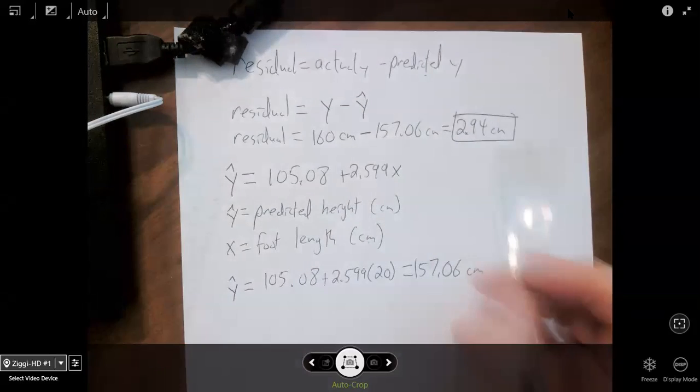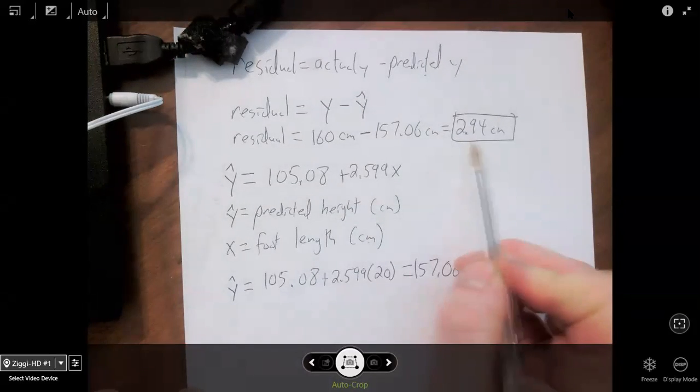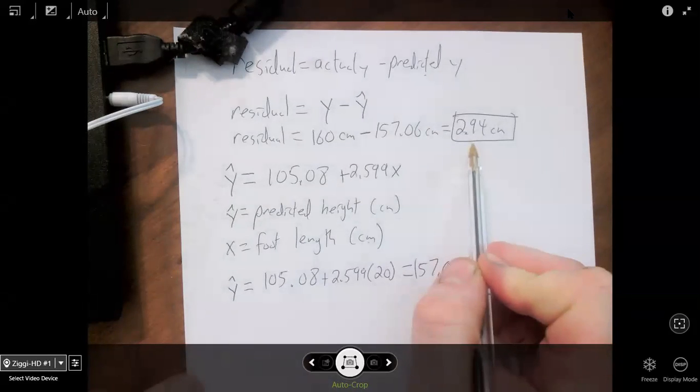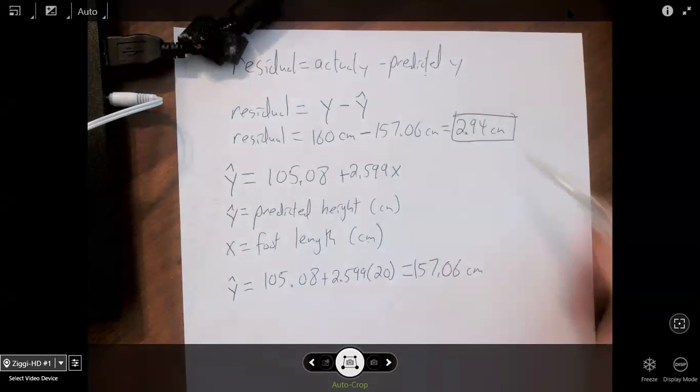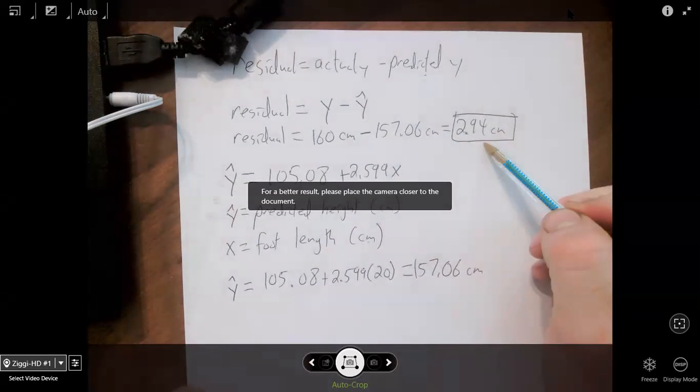Okay, since this is a positive value, what is that telling us about this person's height compared to what we predicted? Well, if we know their actual height, we can subtract predicted from actual to find the residual. So did we guess too low or guess too high compared to the truth about them?